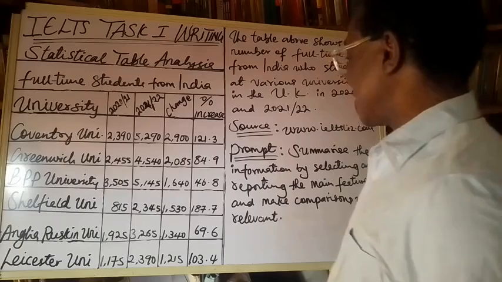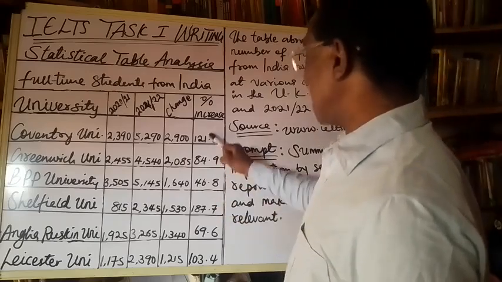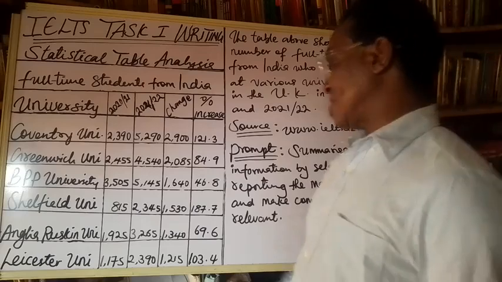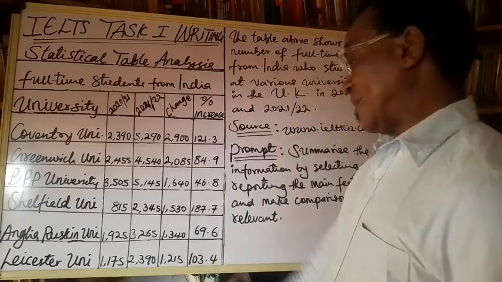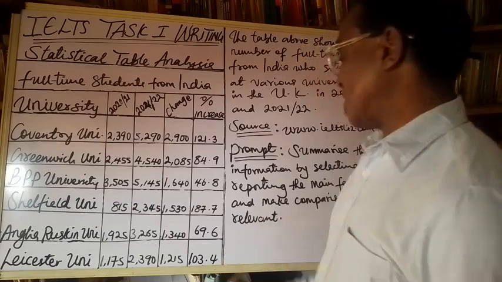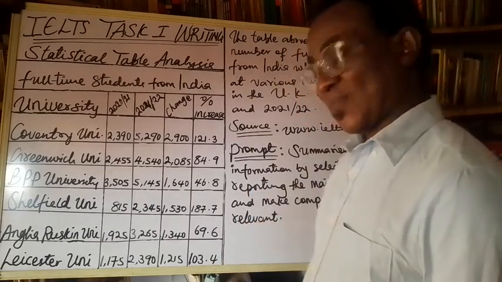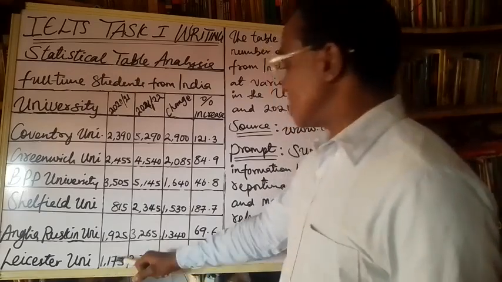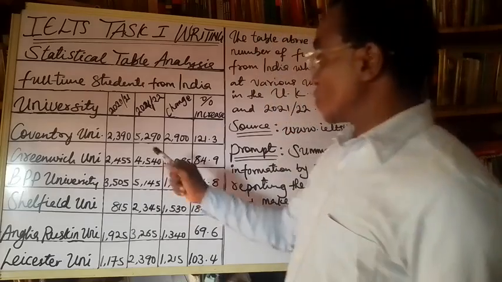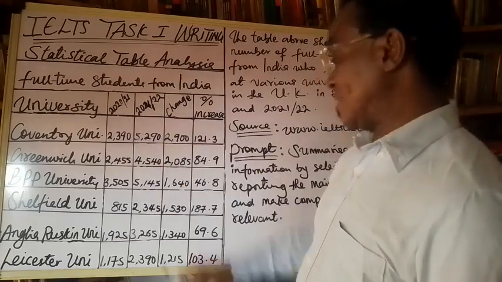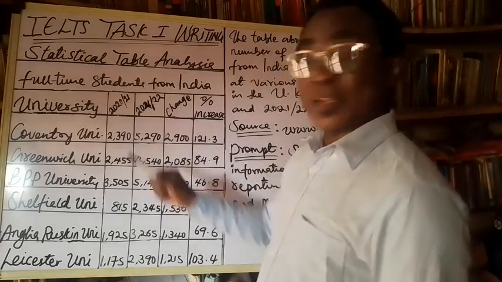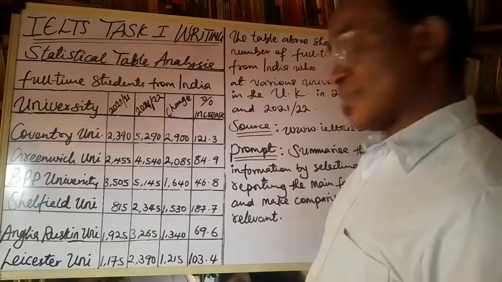Of course, as we go down, we discover that besides these two major jumps, the other university that attracts our attention is Leicester. Leicester University at 105.4% comes third, with a jump from 1,175 students in the 2020/21 session to 2,390 in the 2021/22 academic session.